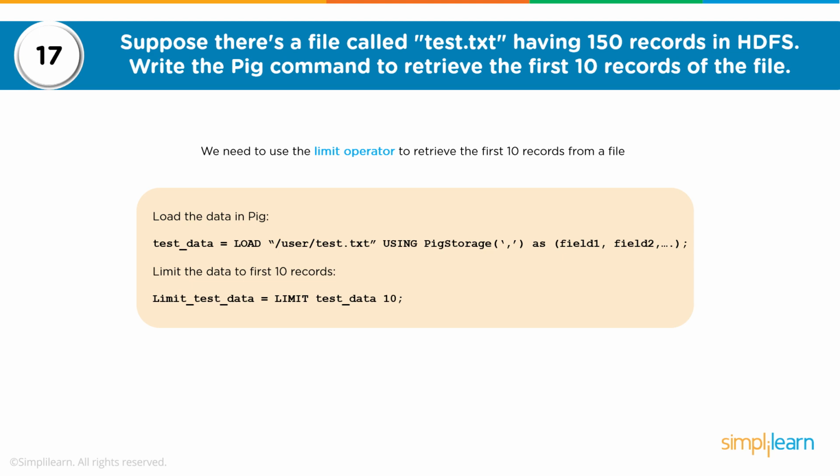So I could create a variable called test_data, and I would say load my file using PigStorage, specifying the delimiter as comma, as, and then I could specify my fields, whatever fields our file has. And then I would want to get only 10 records, for which I could use the limit operator. So I could say limit test_data 10. This is very simple, and we can extract 10 records from 150 records which are stored in the file on HDFS.